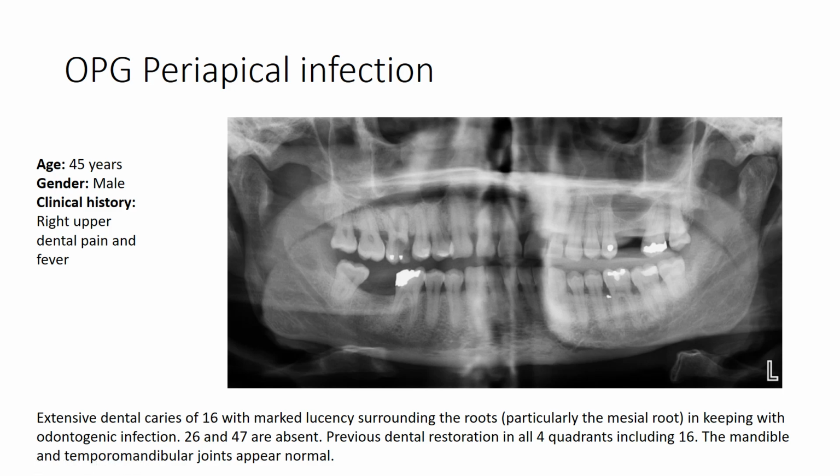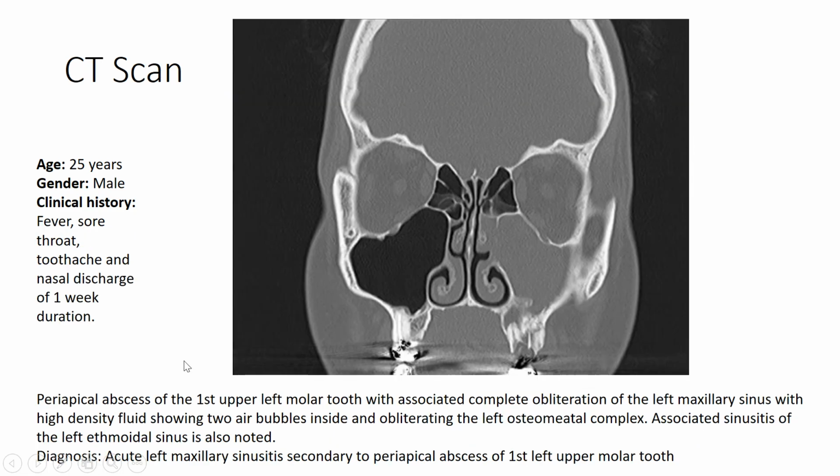So this is a good example of dental caries spreading into the roots, which will cause a periapical infection. But also see the location of the maxillary sinus here, and how close the roots are, and therefore if there is any infection here, this can spread into the maxillary sinus.